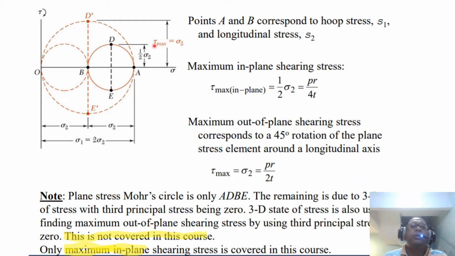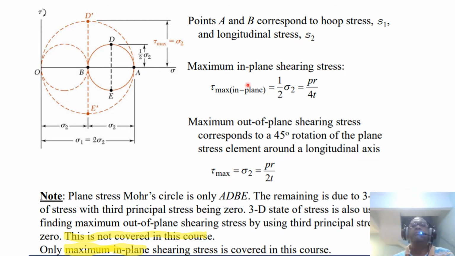So if we plot the Mohr circle for the hoop stress and the longitudinal stress, this is what the Mohr circle will be. Points A and B correspond to the hoop stress and the longitudinal stress. Now the hoop stress is double the longitudinal stress, so sigma 2 is twice sigma 1.